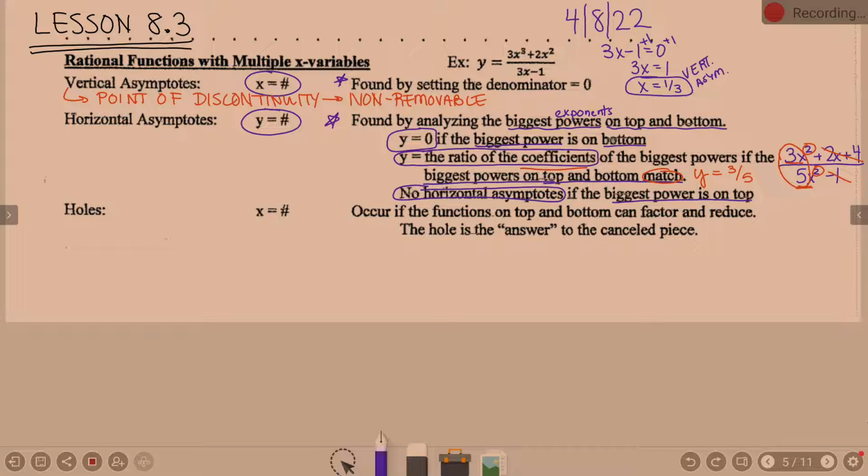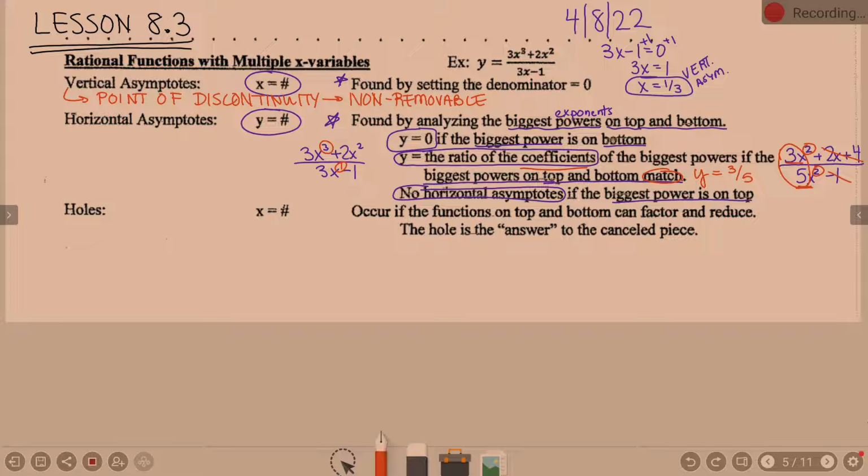Look at my given example up at the top of this section. The given example was 3x cubed plus 2x squared over 3x minus 1. What's the biggest power on top? Cube. 3x cubed. What's the biggest power on bottom? X to the first, right?